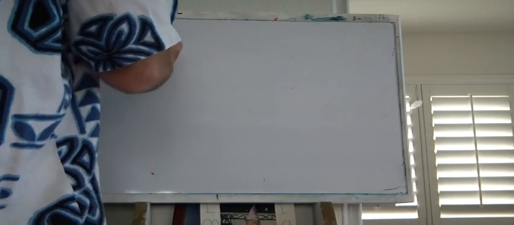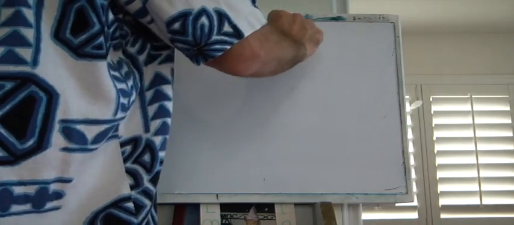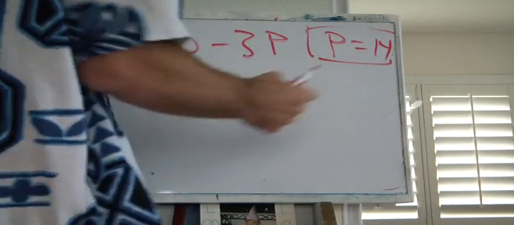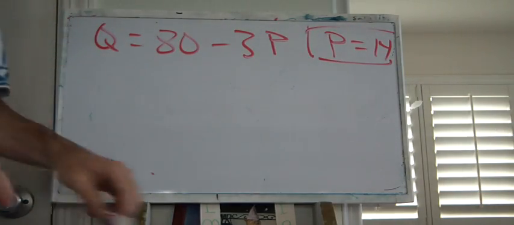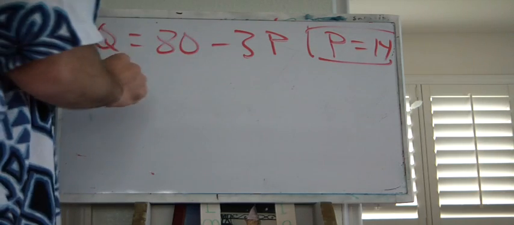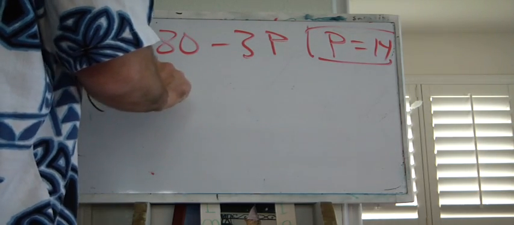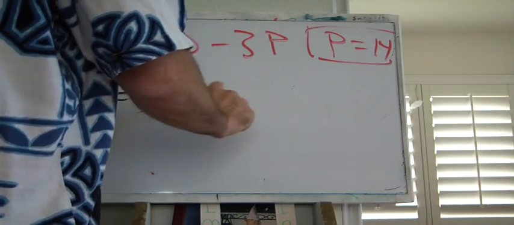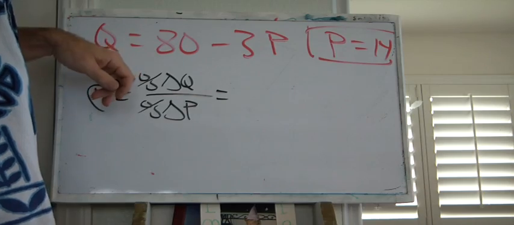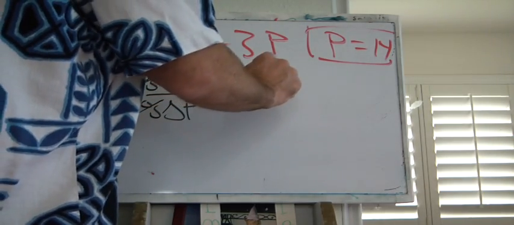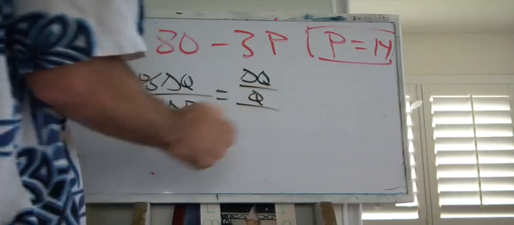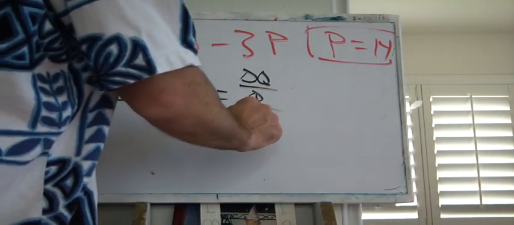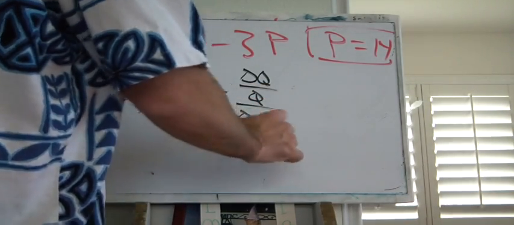You can also use equations to solve for elasticities. If I take a demand equation and say when the price is 14, what is the price elasticity of demand? The percentage change in quantity is the change in quantity over the quantity. The percentage change in price is the change in price over the price.